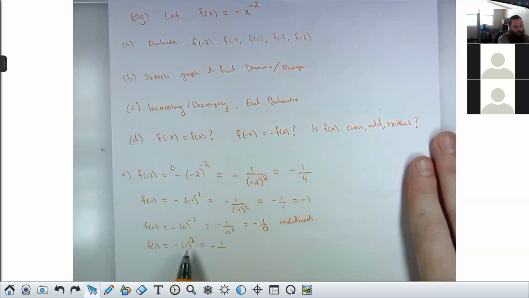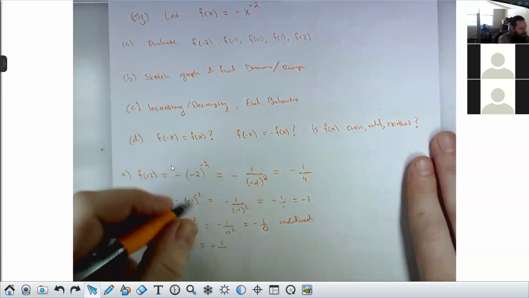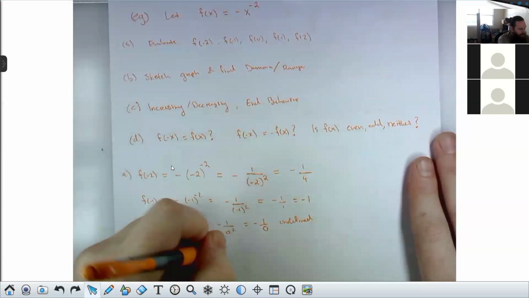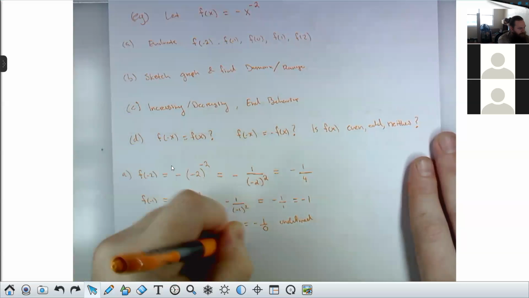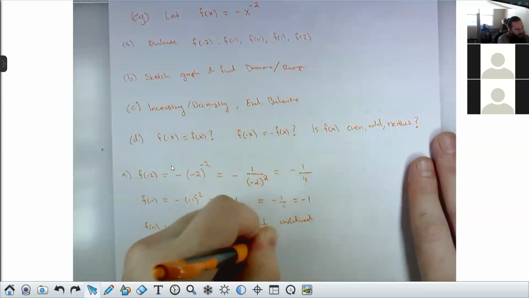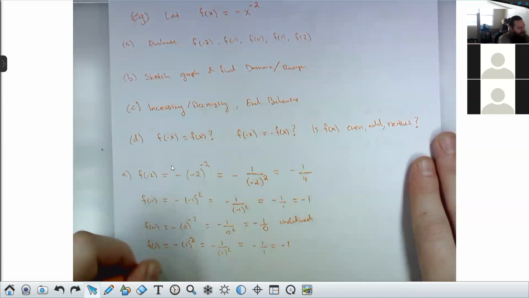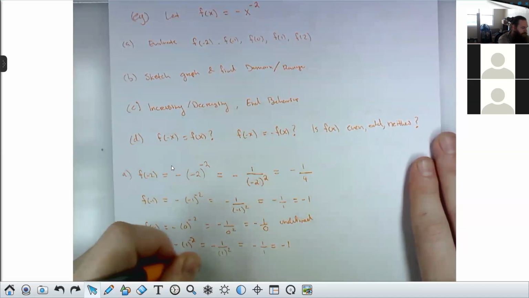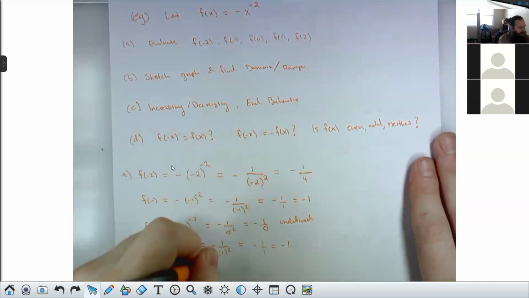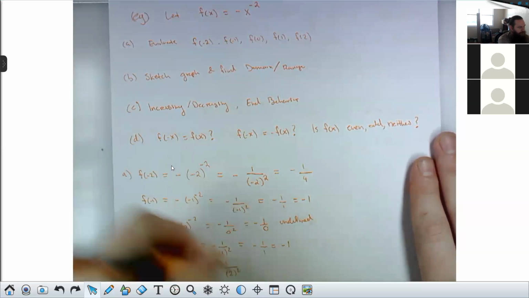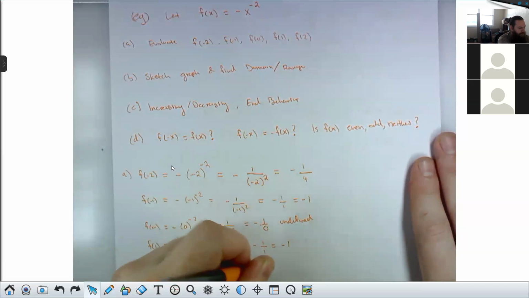So this is 1 to the -2, which is -1 over 1 squared, which is -1 over 1, which is -1. And F of 2 is 2 raised to the -2nd power, which is -1 over 2 squared, which is -1/4.